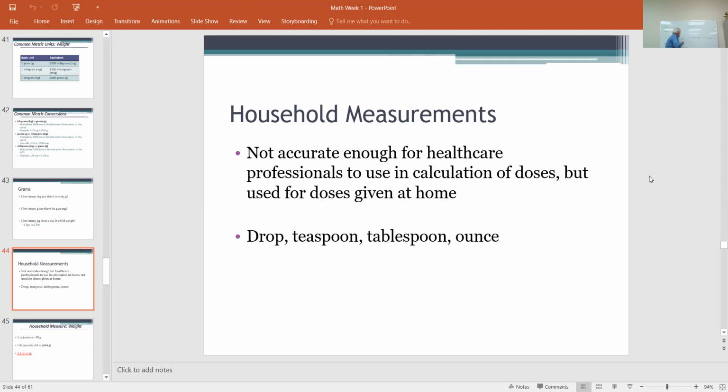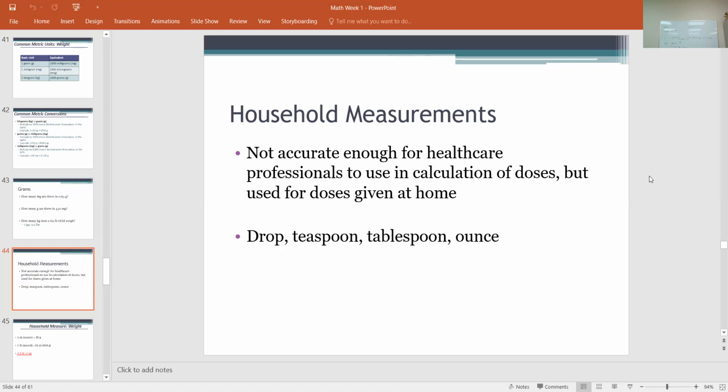We relate this back to the metric system by saying there are approximately, that little squiggle line means about, approximately 5 milliliters in a teaspoon. By approximately, the actual number is 4.8.